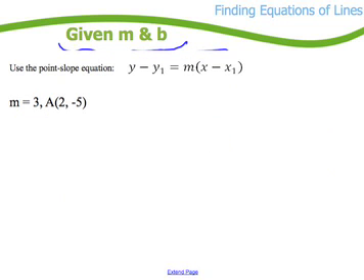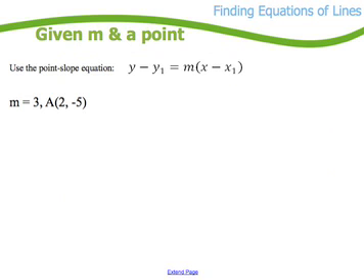This might be a little bit more work. This one says, here's a slope, but they don't tell me the y-intercept. All they gave me is a point. In this case, I could use my slope formula to figure out another point, or maybe play with it a little bit.